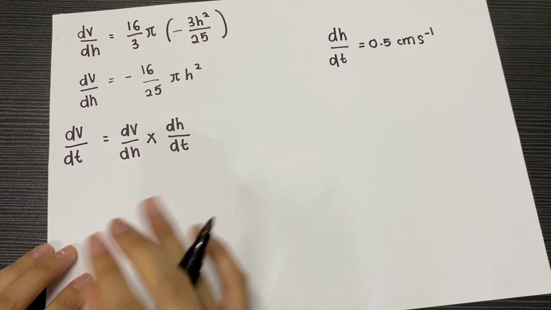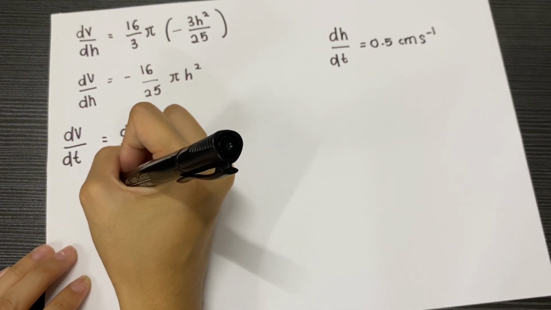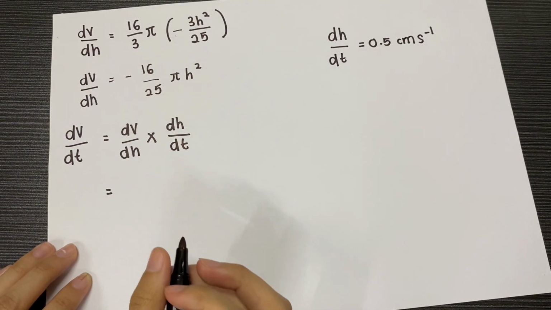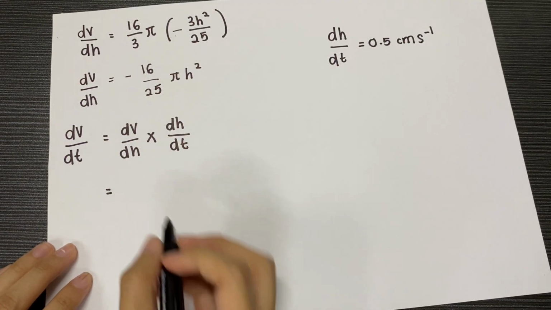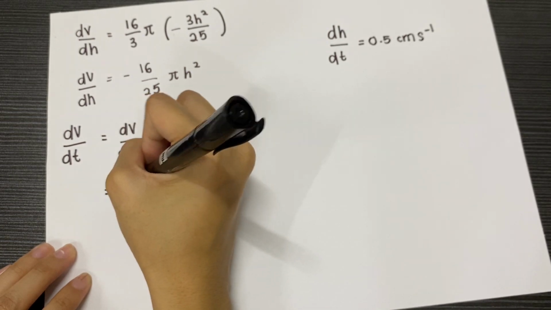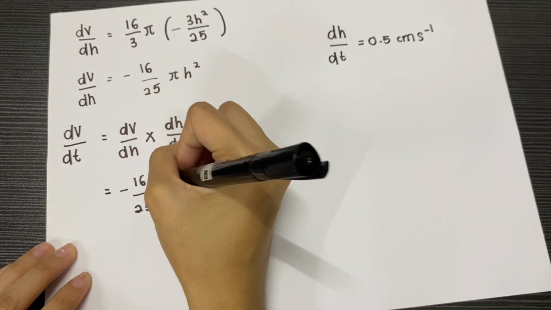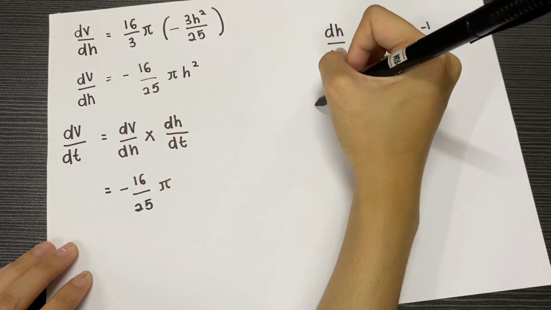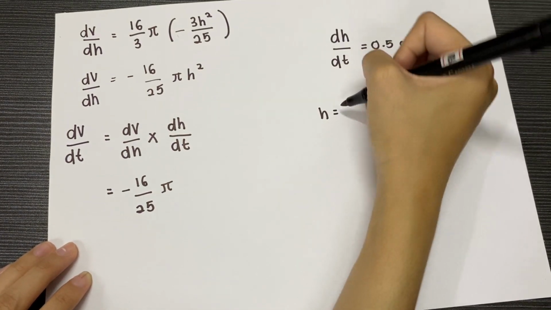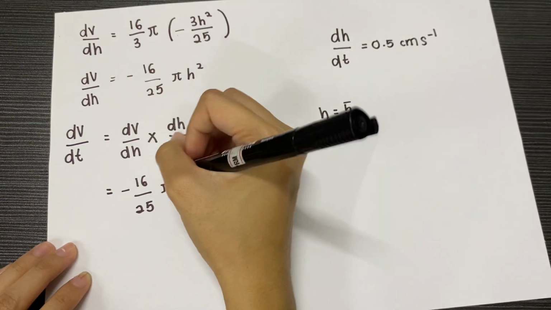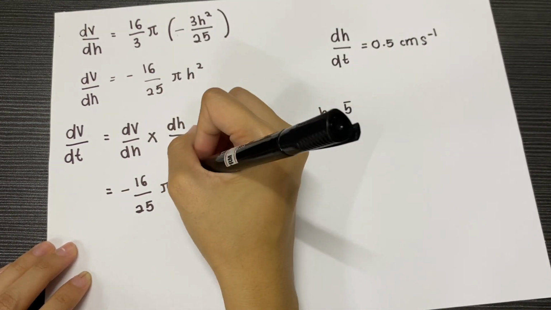Let's substitute it into the equation. First we have dv over dh, negative 16 over 25 pi. Remember, h is 5, so we have to substitute 5 into h.